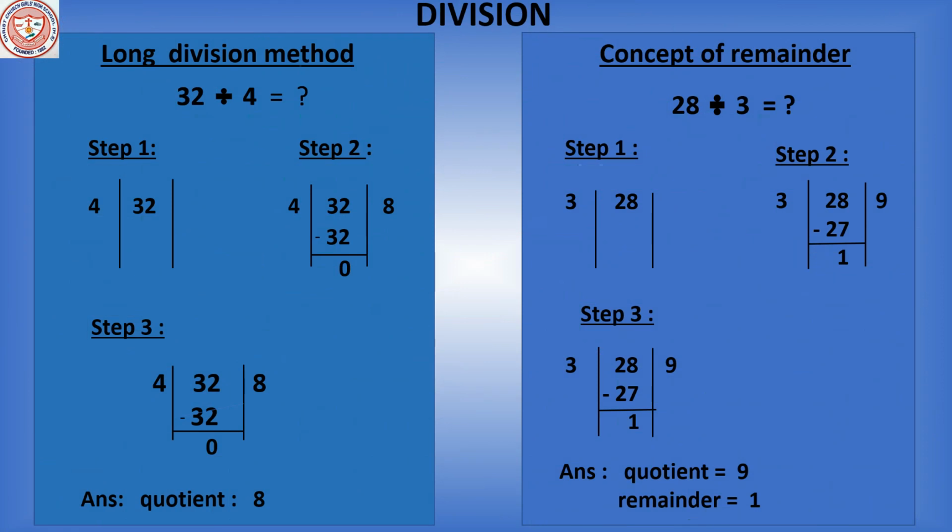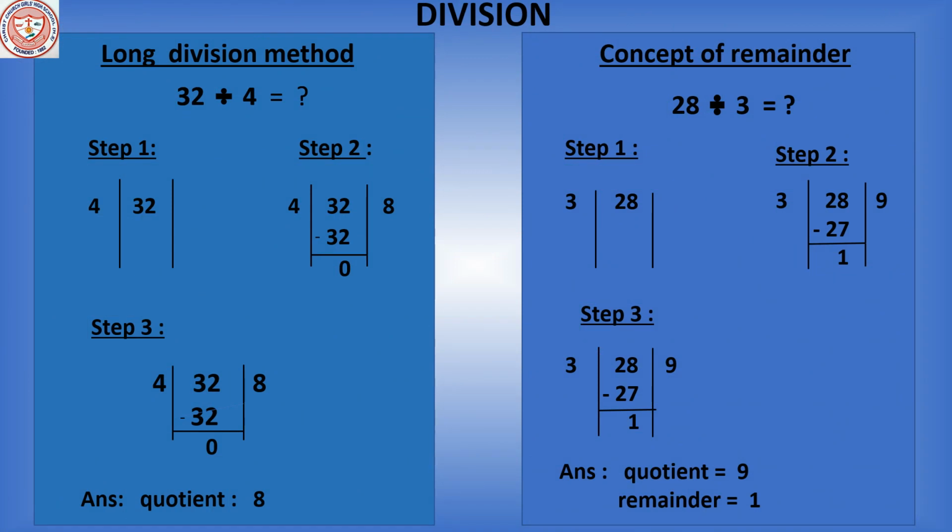So, now tell me, when does 32 come in the table of 4? Yes, 4 into 8, or 4 eights are 32. So, you have to write 8 beside the dividend 32 and the product 32 of 4 and 8 below the dividend 32, like this, as shown in the picture.